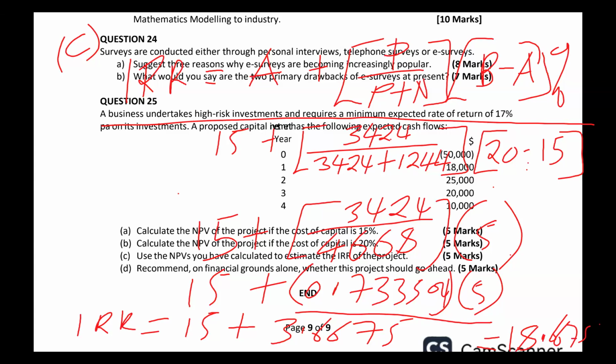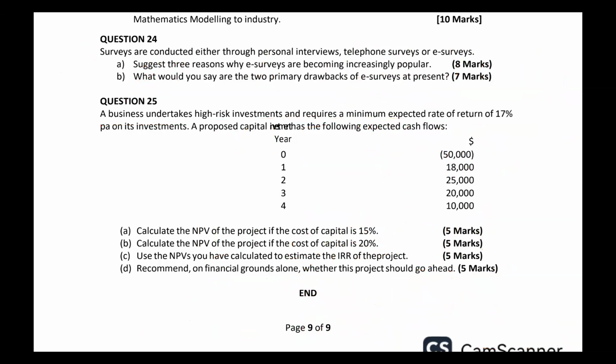D is easy. Recommend on financial grounds alone whether this project should go ahead. You just say, using the IRR approach, you compare the IRR that you found with the expected rate of return, which in our question is 17%. So the decision rule is, if the IRR is greater than our expected return, then you accept the project.